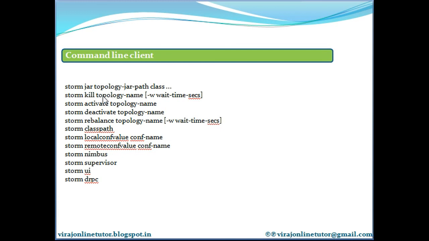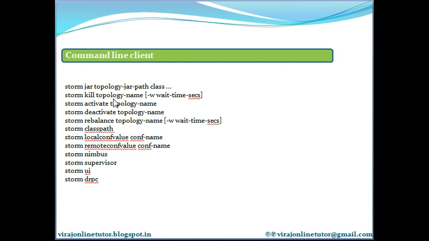Okay, the next command is the kill command. This command kills the topology with the name topology-name, which is just a placeholder: storm kill topology-name. There is an optional wait time in seconds.